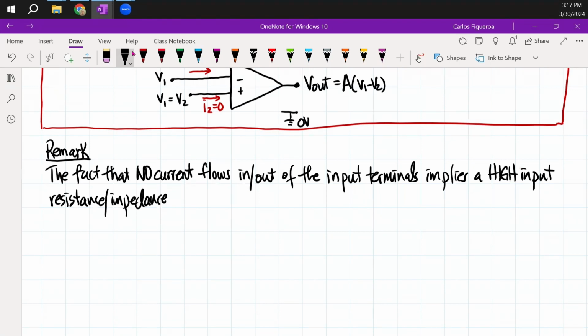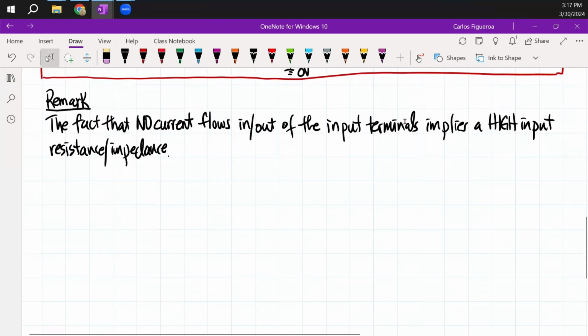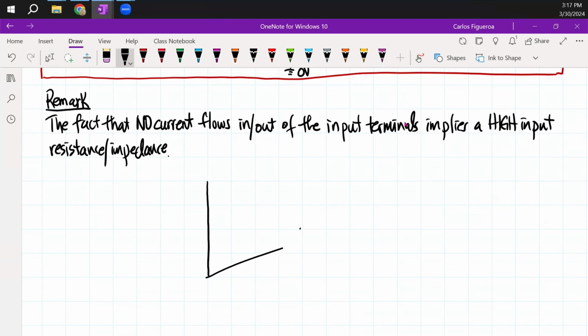It's really impedance. So when I'm looking at my op amp model, I'm going to have to draw this big. If I have an input terminal right here and I'm looking inside, why is it that the current is 0?